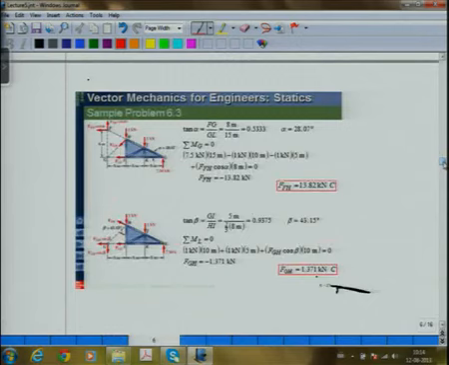Then to complete the problem, we move ahead and take moments about point G equal to 0, and that will give us the force in FH, since the other two forces pass through G. And once we have this, then we can take moments about L equal to 0, and then we get the third force. Or we could do sigma Fx equal to 0, sigma Fy equal to 0. So it's up to us, we can view and then solve for this.